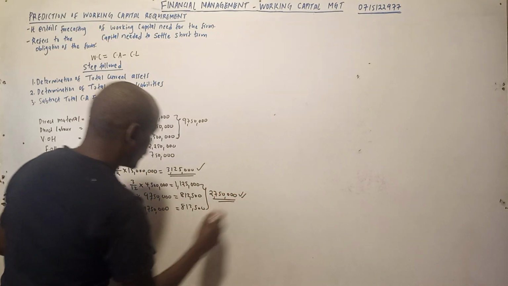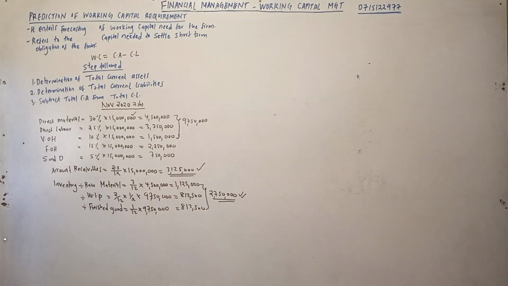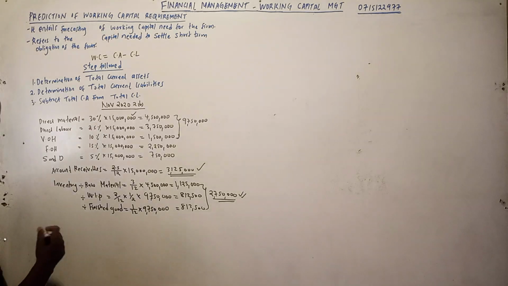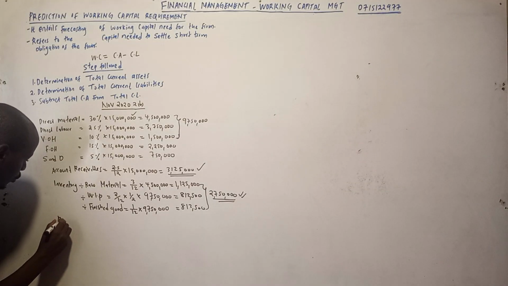So that is the value of inventory. Now leaving inventory, we are done. There is no other item, so we can go to creditors or payables, call them the payables or the creditors.